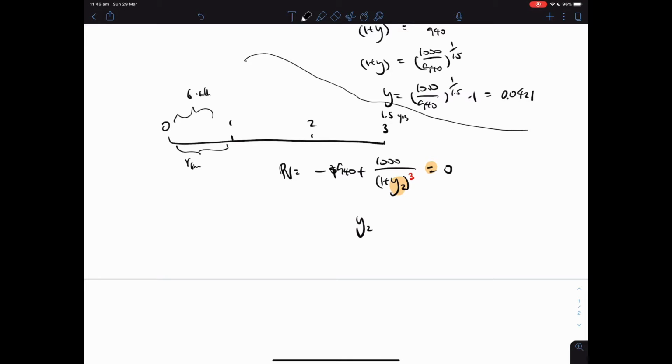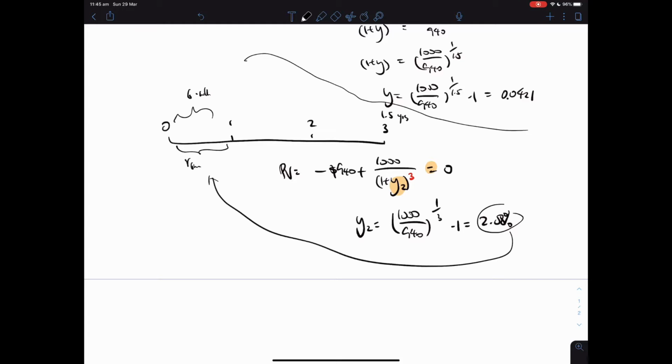That becomes Y2 equals 1,000 divided by 940 to the power of 1/3 minus 1, and that gives you 2.08%. So that means 6 months is going to be 2.08%.